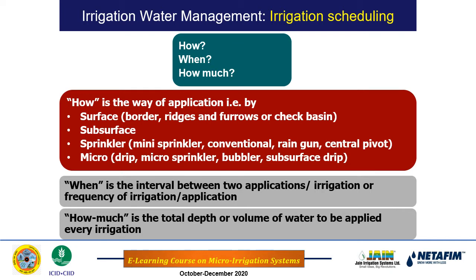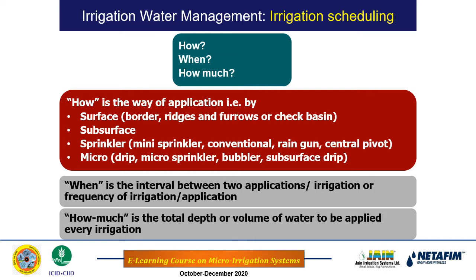Then 4th is the micro irrigation methods, that is drip irrigation method, micro sprinkler irrigation method, bubbler irrigation method, subsurface drip irrigation method. As all of us are aware that the training is on the micro irrigation system, naturally we'll be emphasizing micro irrigation method in the how to irrigate topic.